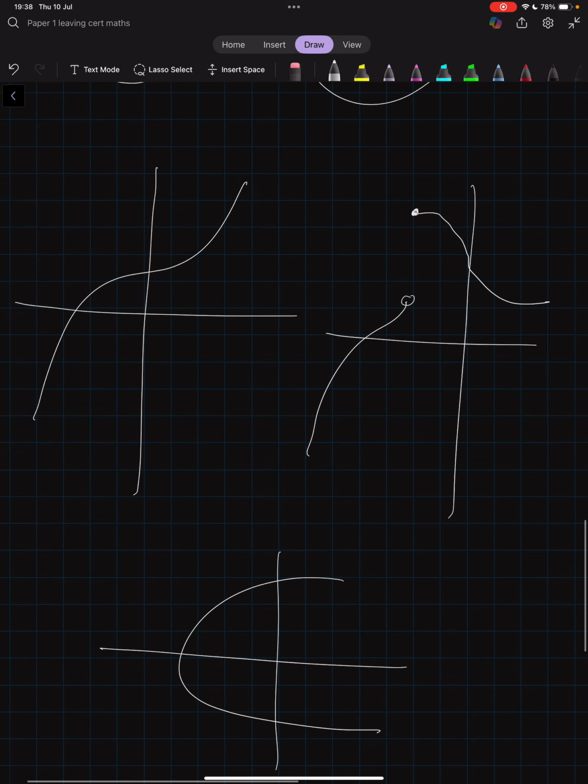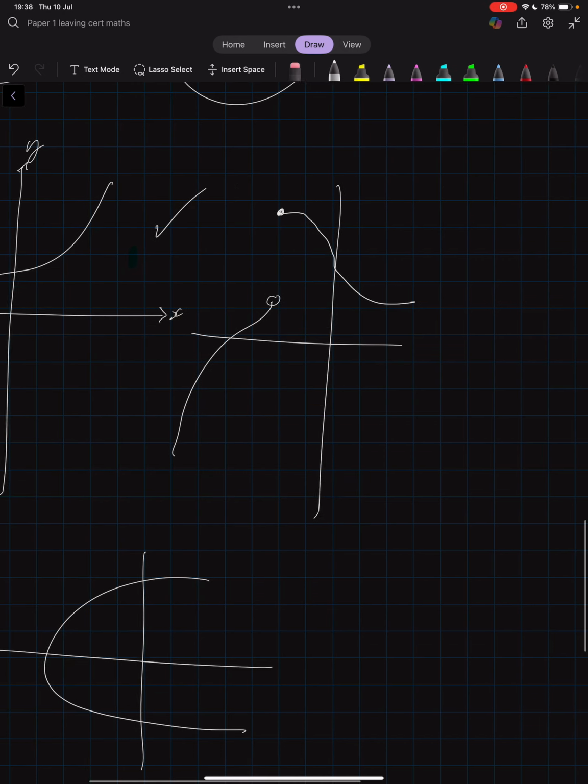So which one of these is a function and which one isn't? Here, if we look at the first one over here on the left, if I plug in a certain value of x, do I get a single value of y every time? Yeah, I do. So this is a function, this is fine.